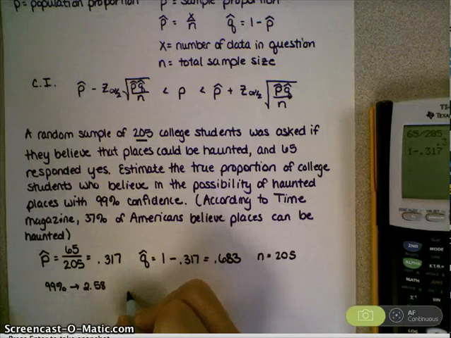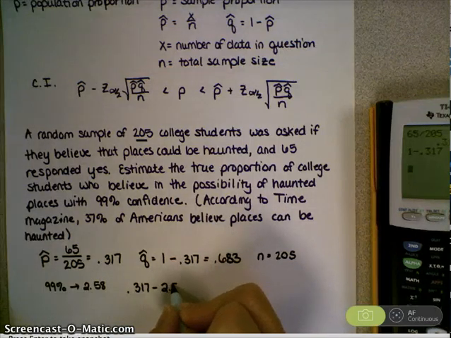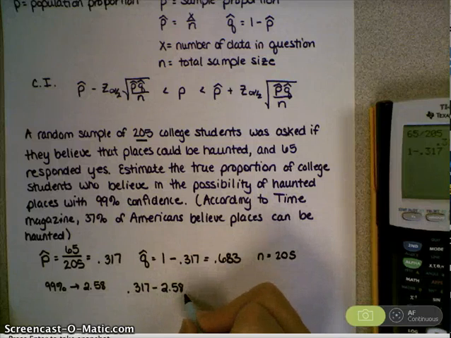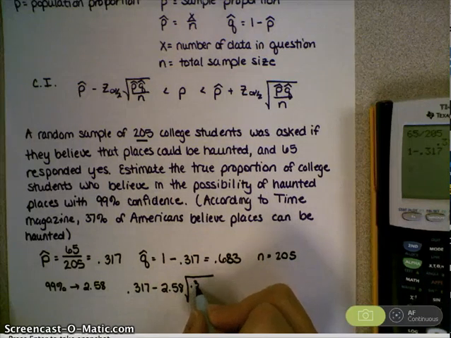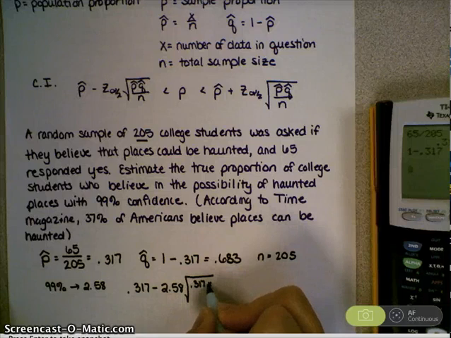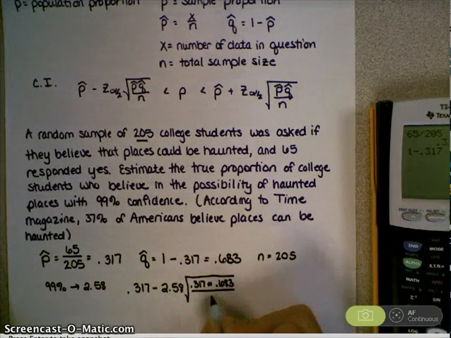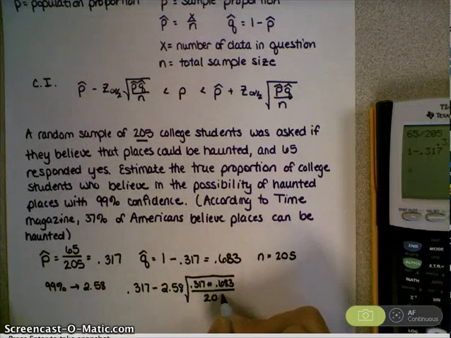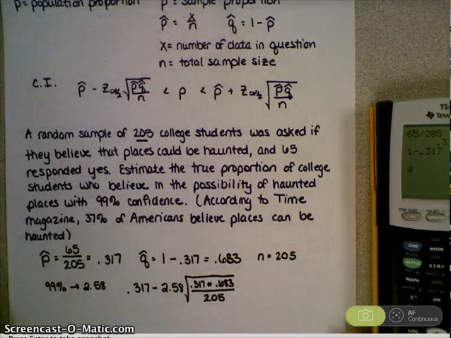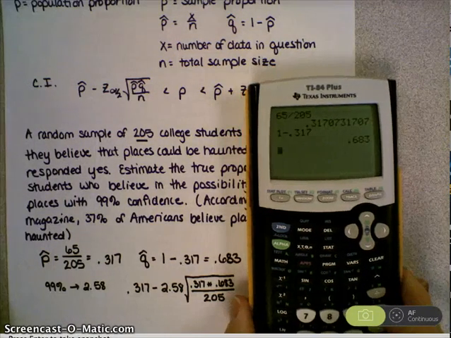So we start with 0.317 minus 2.58 times the square root of 0.317 times 0.683, all divided by 205. Let's see how that looks in the calculator.